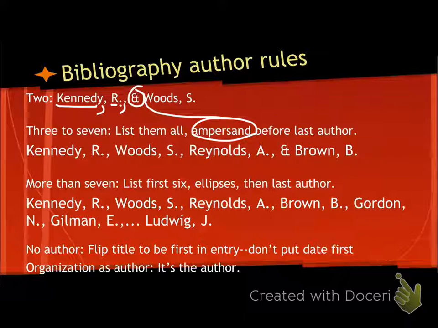It's Shift 7 on your keyboard. It usually looks like one of these. I know you music guys probably have a name for it, but I don't know. But it's the ampersand that combines them. Don't use the word and. Actually use this little symbol. That's if you have two authors.